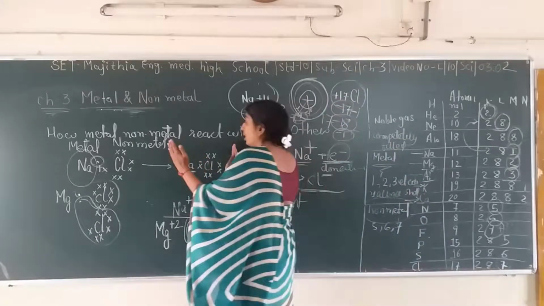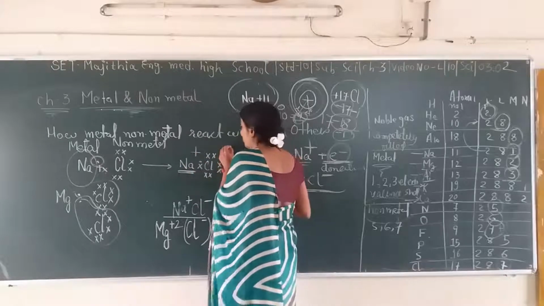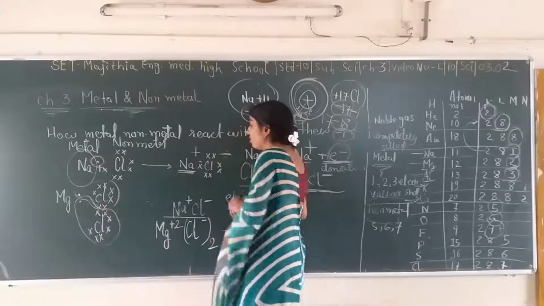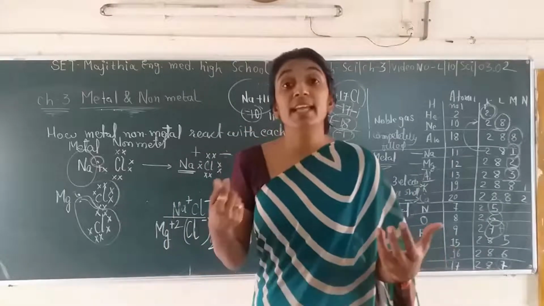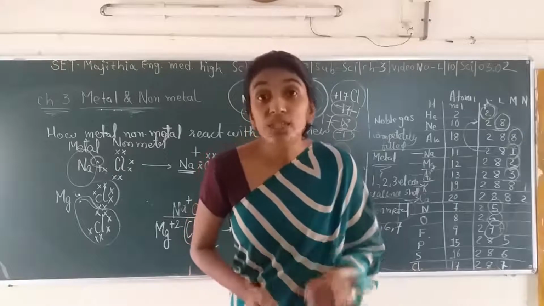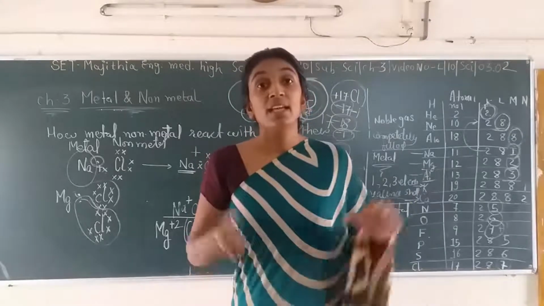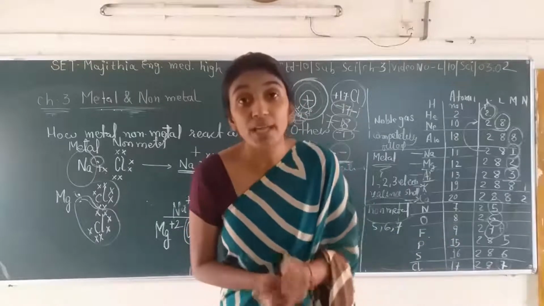When these two combine together, this one is positively charged and this one is negatively charged. The force acting between these positively and negatively charged ions is called strong electrostatic force. This force is a glue that holds sodium and chlorine together.